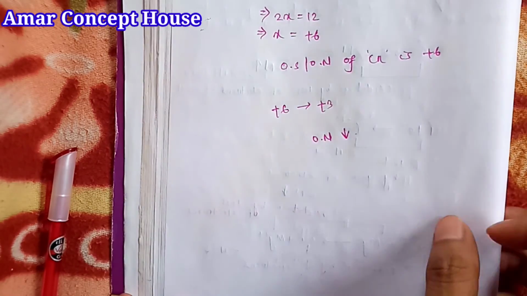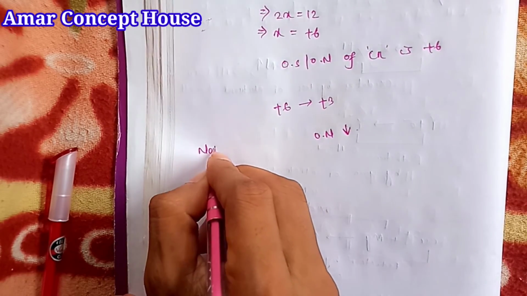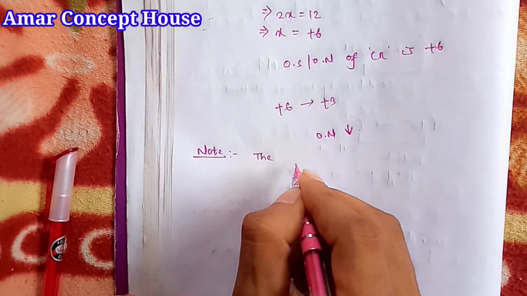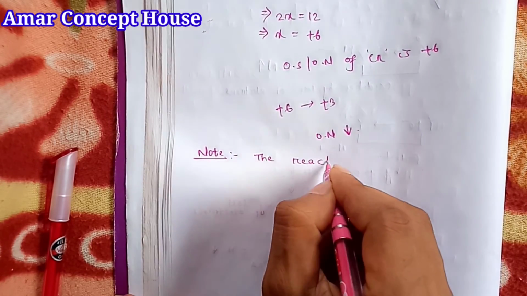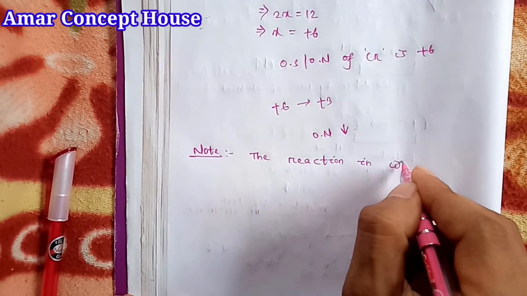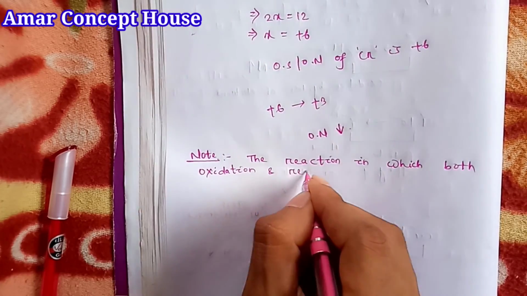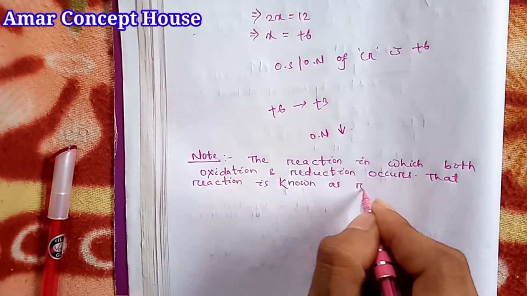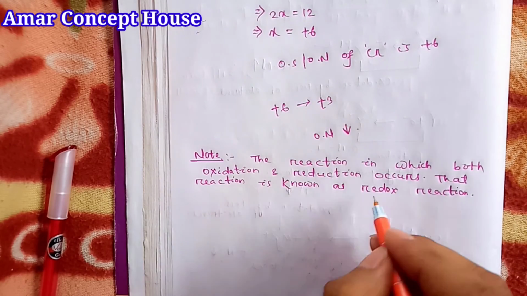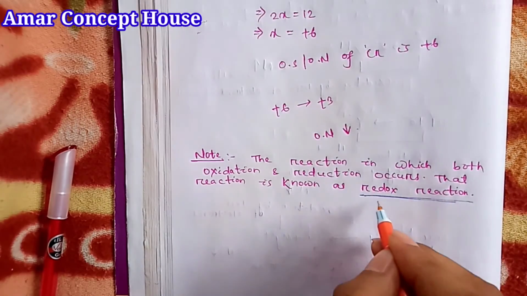Clear or not, students? Now write the note: the reaction in which both oxidation and reduction occur is known as a redox reaction.